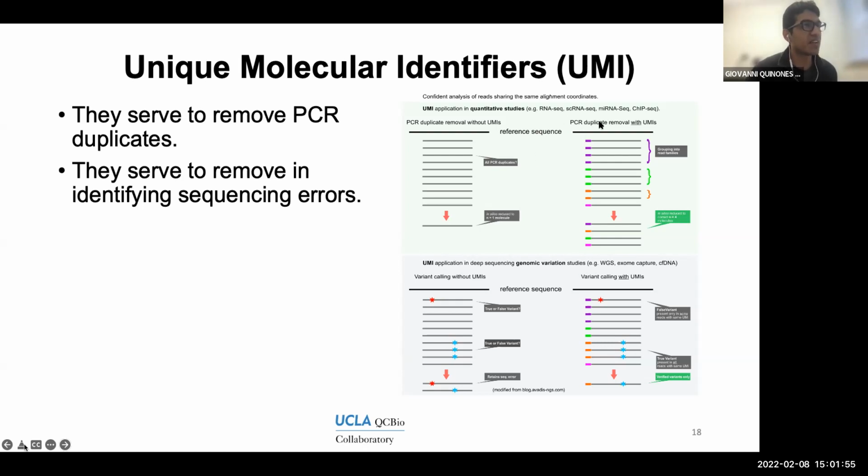However, if your data contains UMIs, you don't have to make the assumption that because they map to the same coordinates, they must be copies. We no longer need to assume that because the molecular identifier, shown here in different colors, is one identifier for every original RNA molecule.